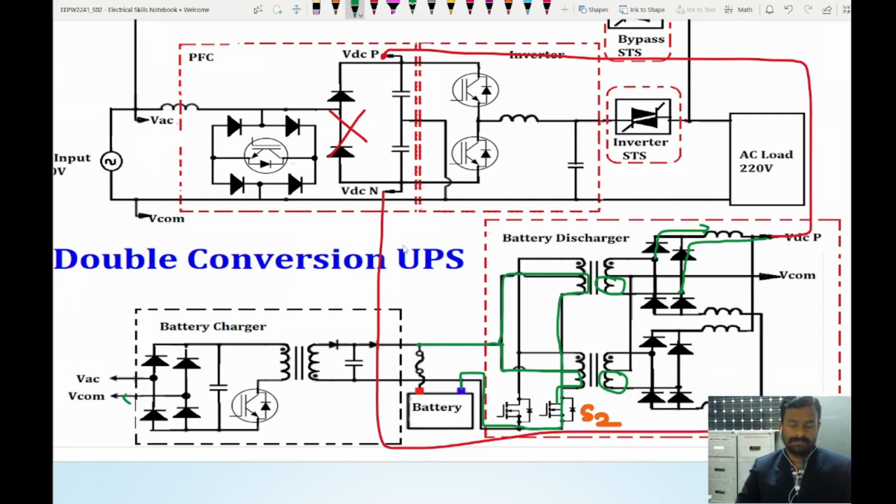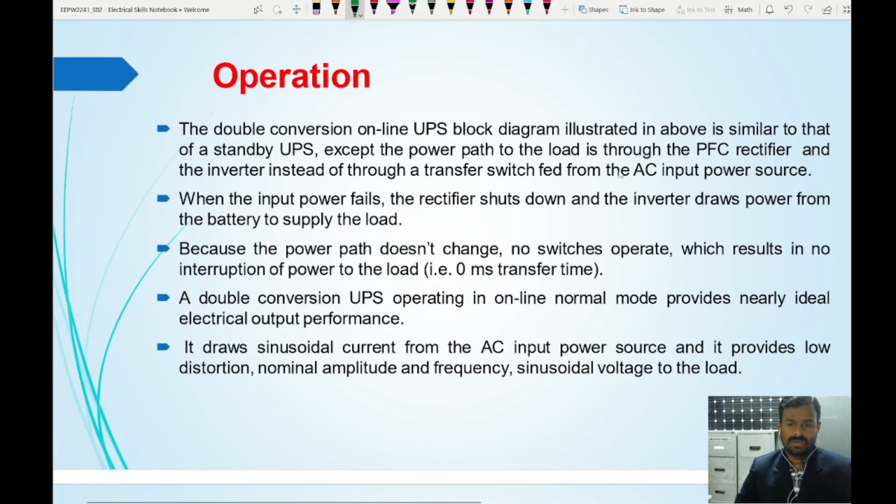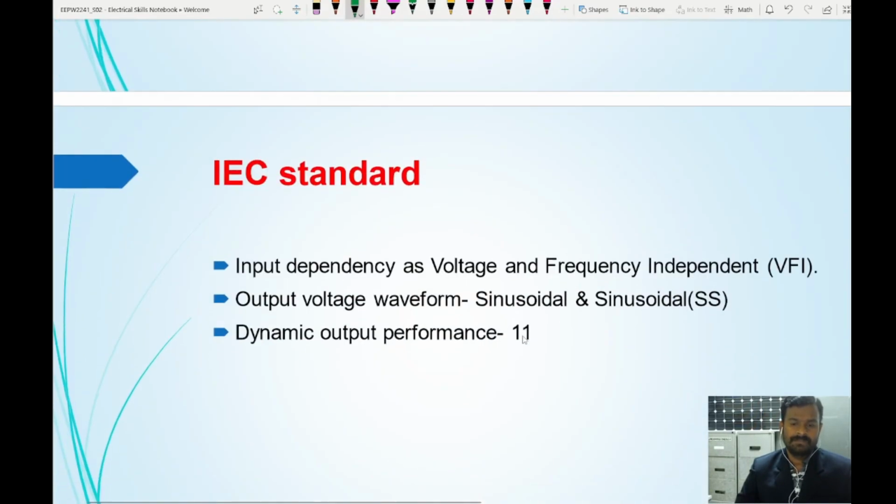Hope it is clear. Whatever I explained here is given in the explanation part. As per the IEC standards, the input independency characteristics are voltage and frequency independent, because we have an inverter where you can control the frequency and the required voltage on the output side, irrespective of the input voltage and frequency.